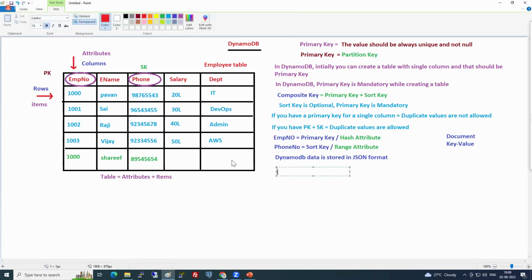There is a concept called DynamoDB Streams. So DynamoDB Streams is nothing but it's like a change log. So whatever the changes that you have done on the item level, everything will get captured here.